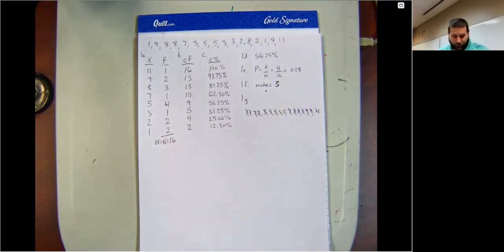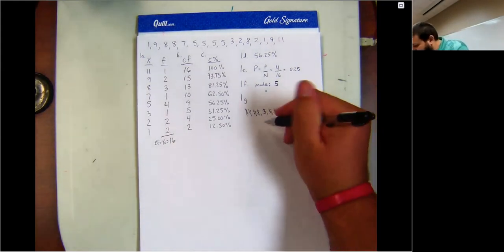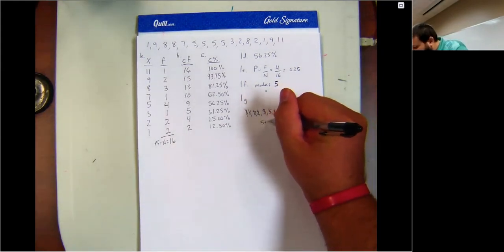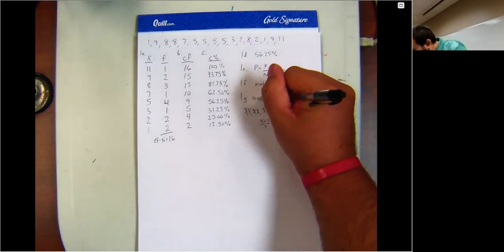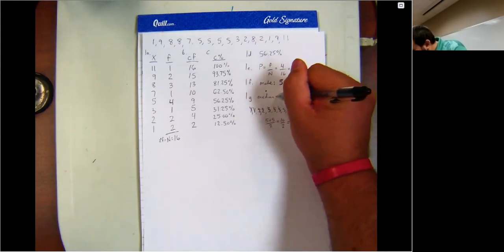Like our example in the video leading up to the pretest, these 2 values are the same value, so we can just take that number. If they were different values, we'd have to average them. But since they're both 5, let's just do the average for practice. 5 plus 5 divided by 2 is 10 over 2, which is just 5. So the median of the data set is also 5.